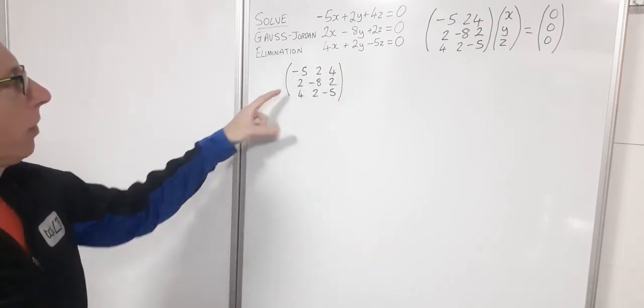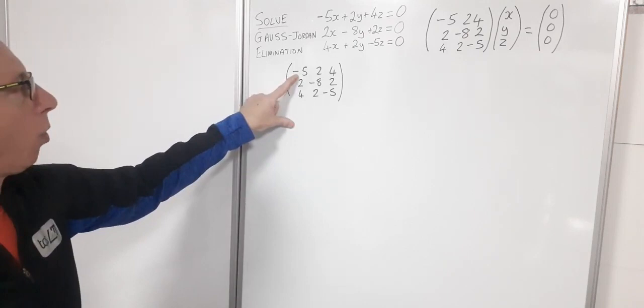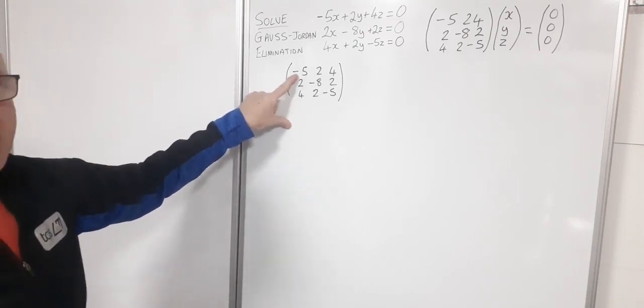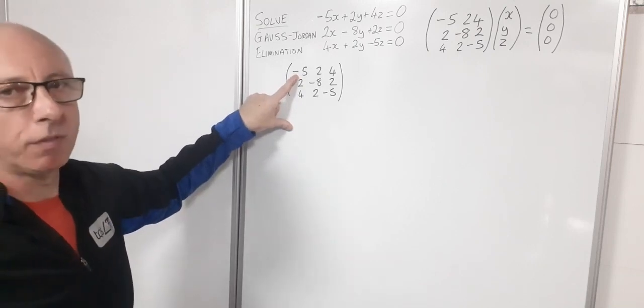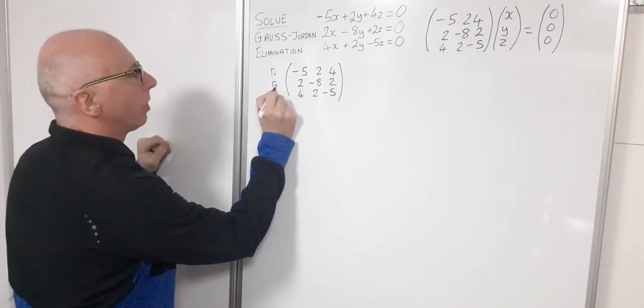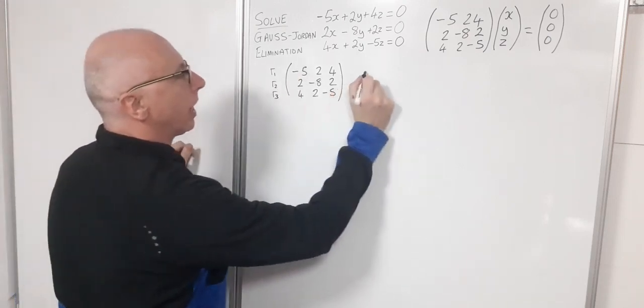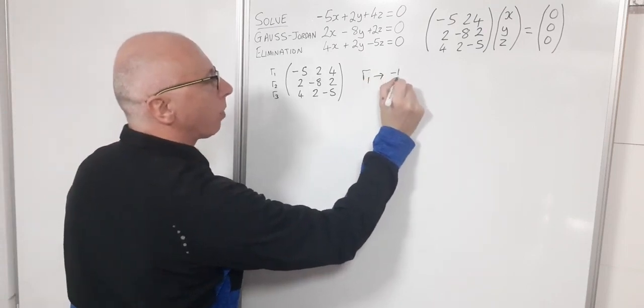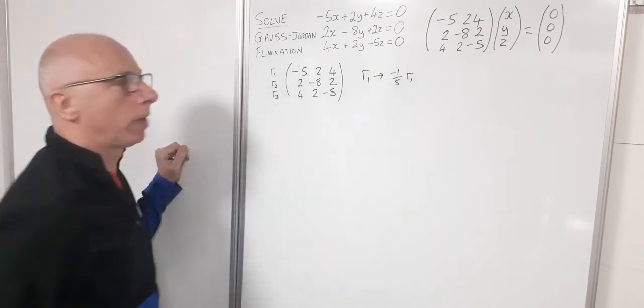And first of all, to try and get a 0 or 1 in some of these, I can get that into a 1 straight away by multiplying row 1 by -1/5. That will reduce that to a 1. So let's label them all up: row 1, row 2, row 3. Row 1 now becomes -1/5 of row 1.